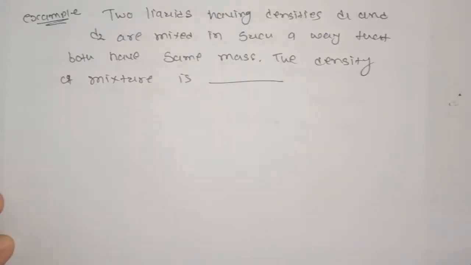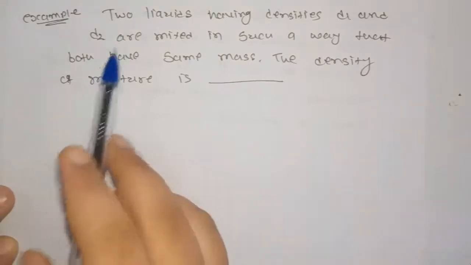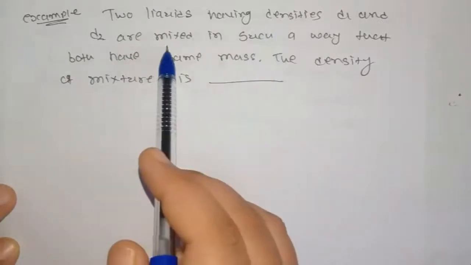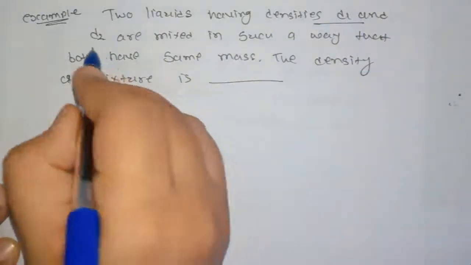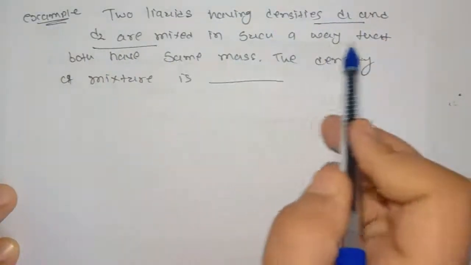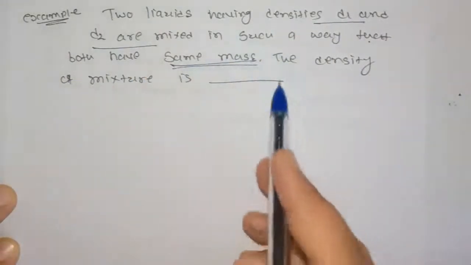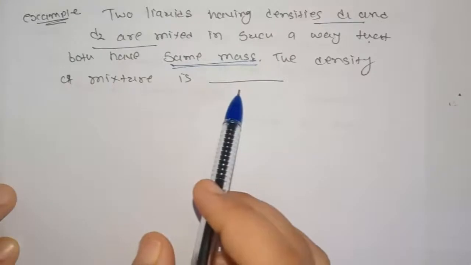Now let us see some examples on density. In this example, two liquids having densities D1 and D2 are mixed in such a way that both have same mass. We want to find the density of mixture.